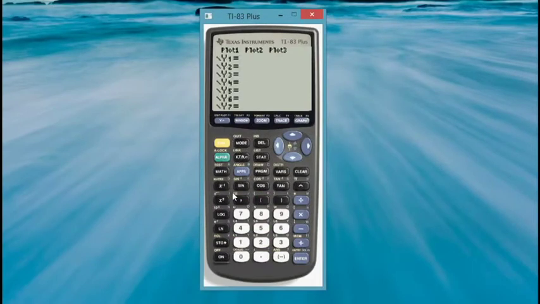Calculator's on. X squared minus 2x, this is f of x, over 4 minus 2x. And then the other one was x squared plus 2x over 4 minus 2x.